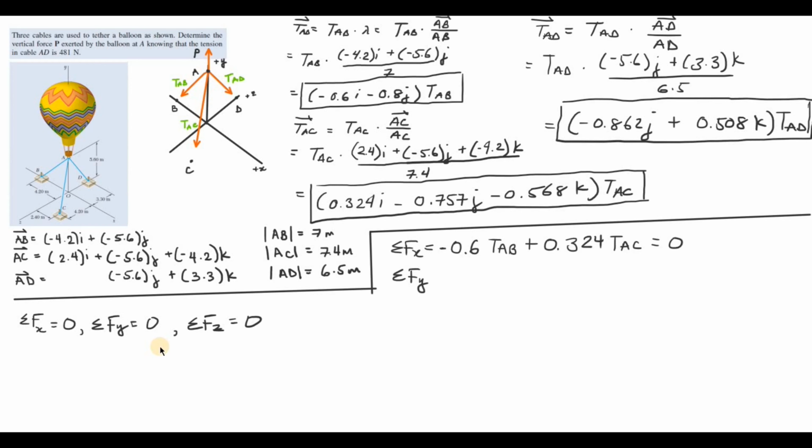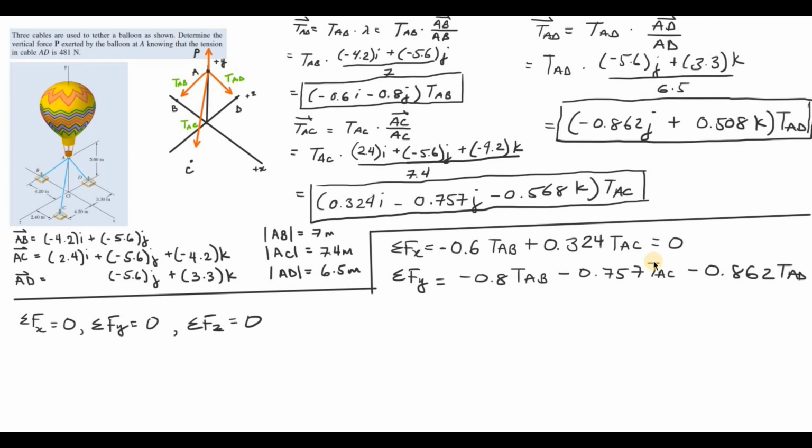So this would be minus 0.8 times tension AB minus 0.757 times tension AC minus 0.862 times tension AD.